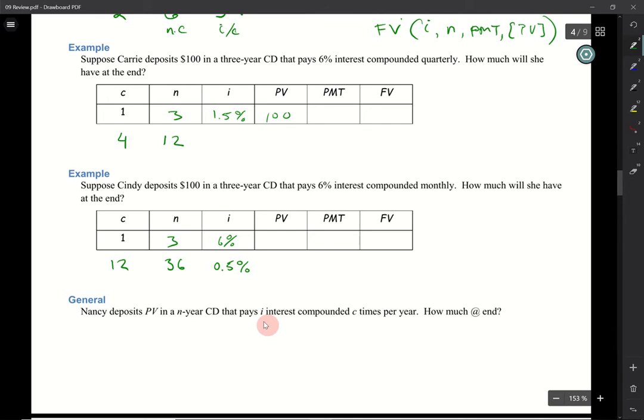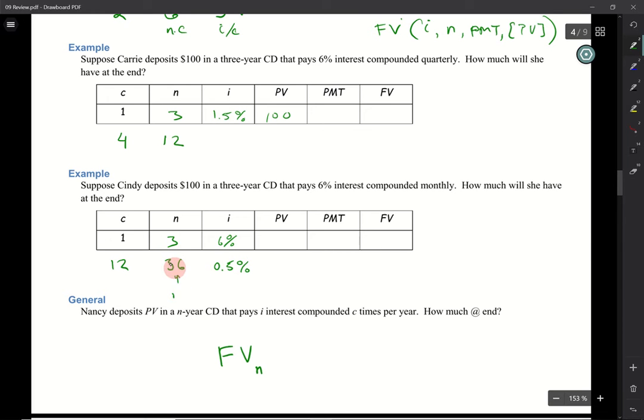what's going on, right? So how much do you have at the end? The future value after n years. We're not really dealing with years because of the compounding, right? We have to deal with the compounding periods. So we're really dealing with this, right?